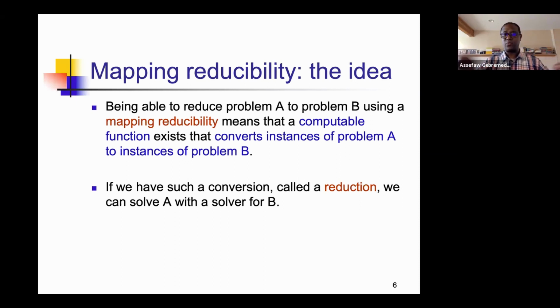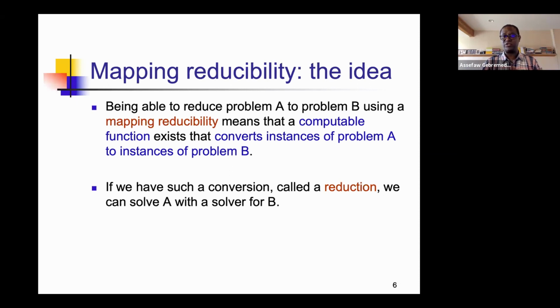When we have that mapping, that function, we are going to be able to call this mapping reducibility. So the idea carries over exactly the same way as last week. We have a starting problem, we have a problem that we are reducing it to, and we call this thing a reduction.